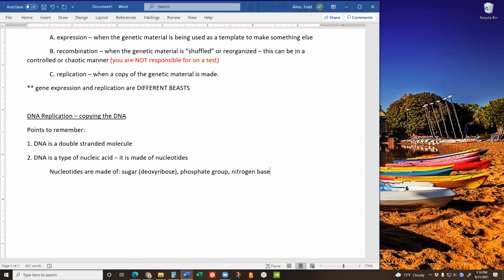Adenine, thymine, cytosine, guanine, these are the nitrogen bases. Let's list those out here. The 4 nitrogen bases of DNA are adenine, thymine, cytosine, and guanine.